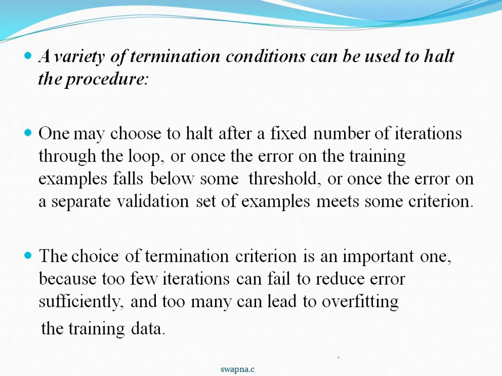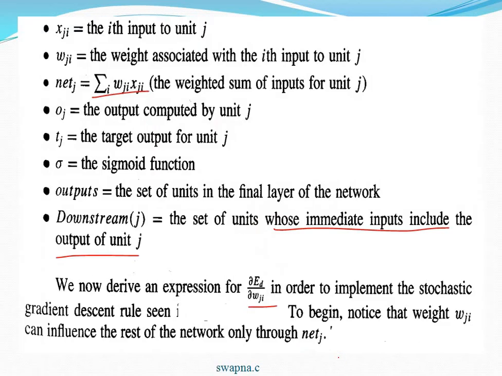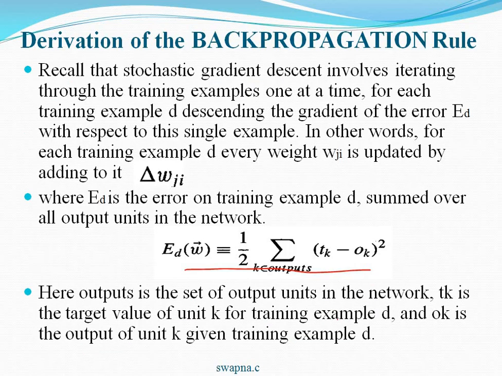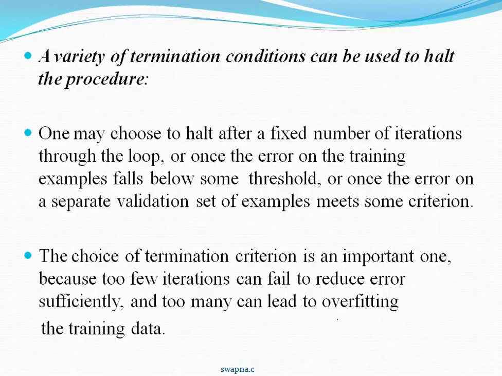We said many times, continuing this point from before the derivation, that the weight update loop in the back-propagation algorithm is iterated thousands of times. If it continues like this thousands of times, it is not needed. Where can we stop?